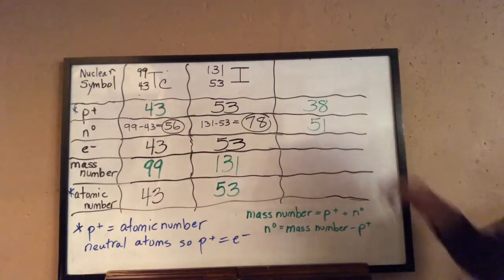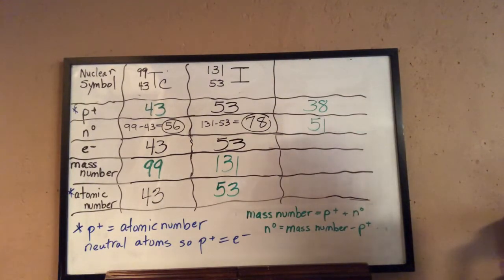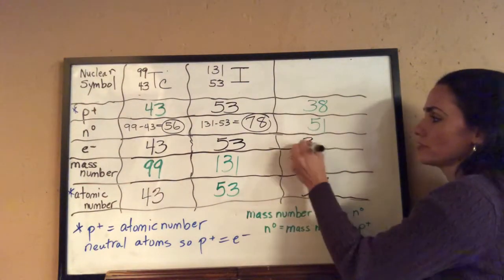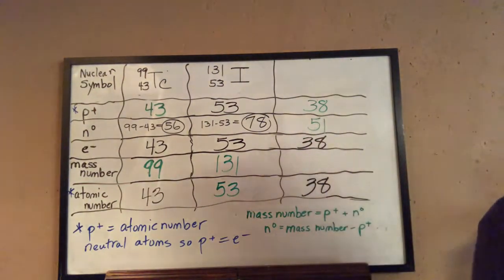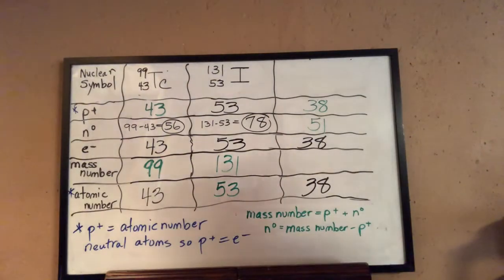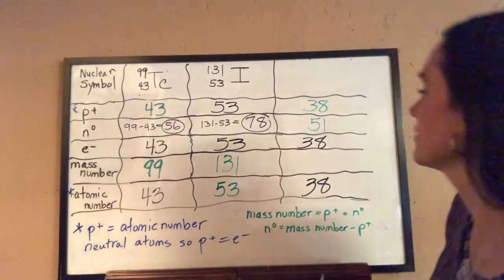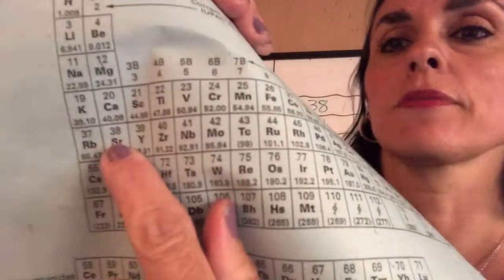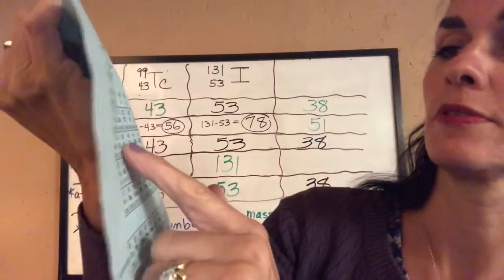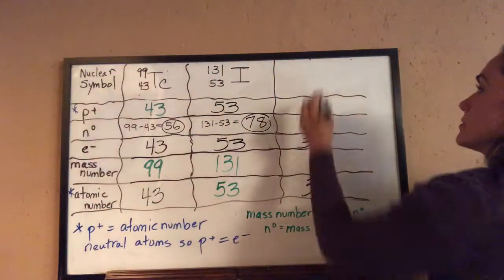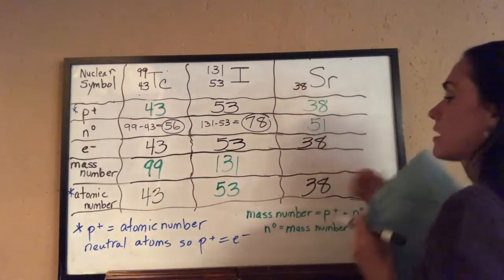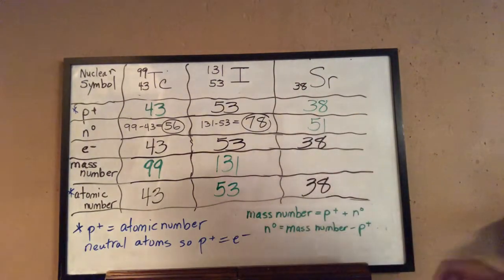The last isotope, we're given protons, 38 protons, atomic number 38. There's no charge, so the electrons are the same as the protons. And now we want to identify the element. Atomic number 38, strontium, Sr. We need the mass number.